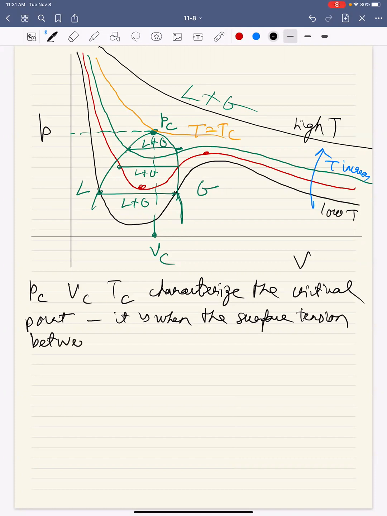In StatMech in 687, we will study a little bit more about this. There are things known as critical opalescence and stuff like that. You can go and look up videos on YouTube. So the surface tension between liquid and gas disappears. And both have the same density.